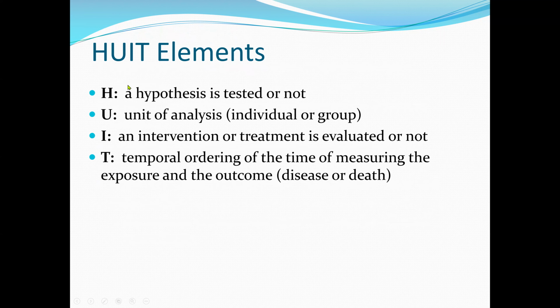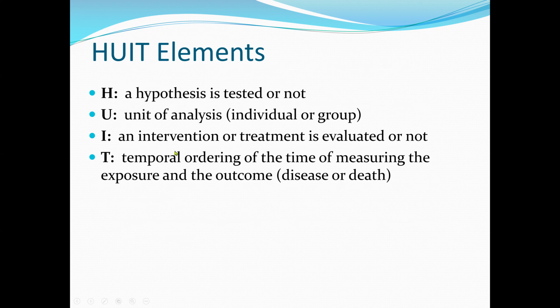So we start with the HUIT elements. H stands for, as we said, hypothesis. It's either tested or not. U will be the unit of analysis or observation, and it can be individual or group. I will stand for the intervention or treatment, and we need to evaluate it or not.